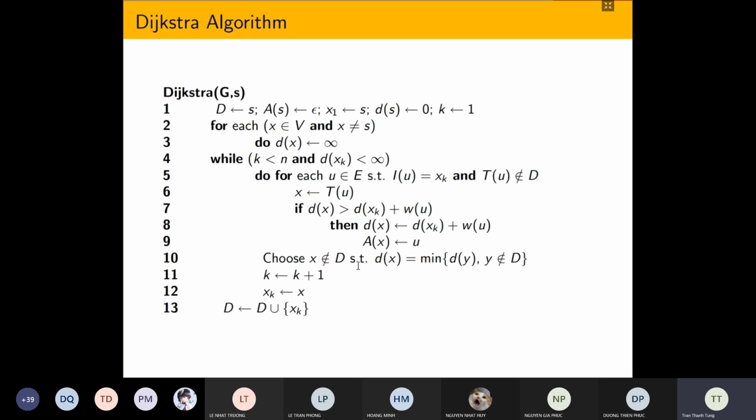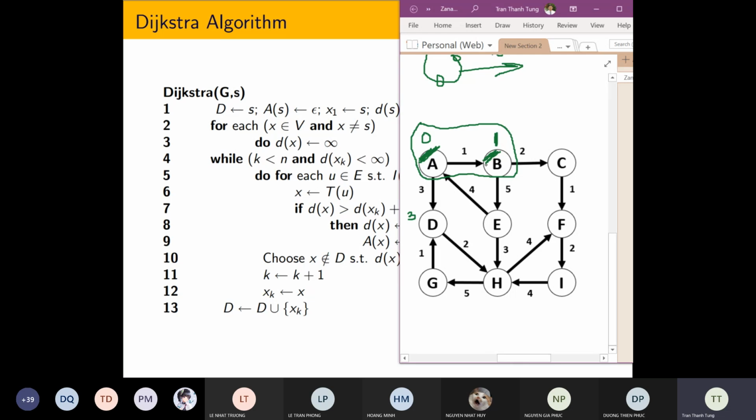So we put it in the set and we will repeat this. So this one we update again. From here, from 1, what we can go out, go to C, go to E, and C infinity we make it 2. Okay, this one we make it 5.